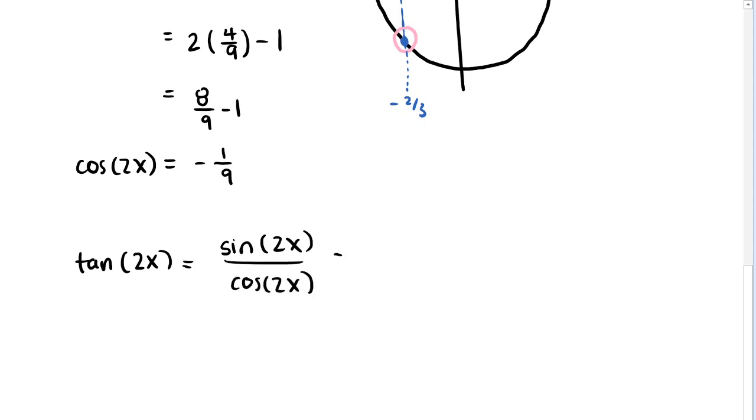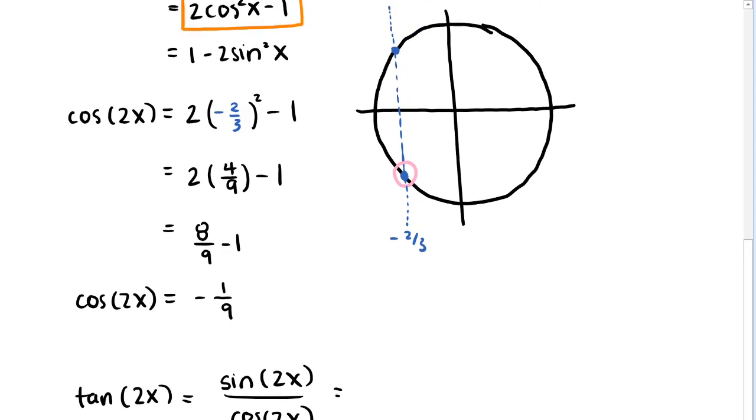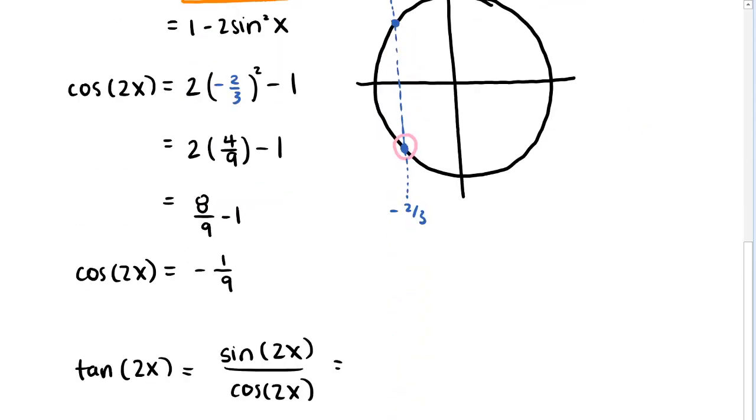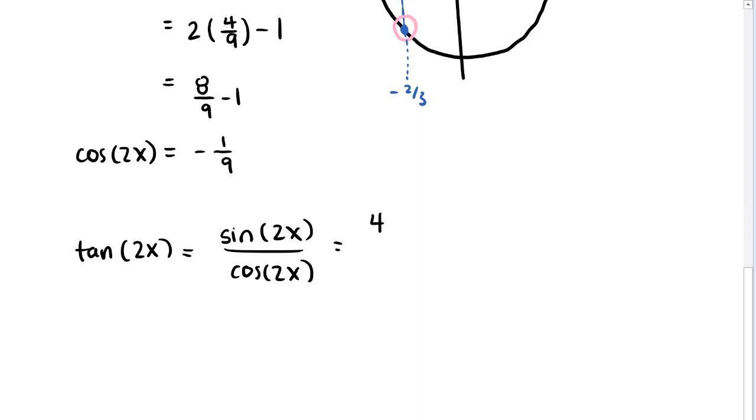And so here we've already figured out that sine of 2x was equal to, what was it? It was 4 square root of 5 over 9. And then cosine of 2x we just evaluated as negative 1 over 9.